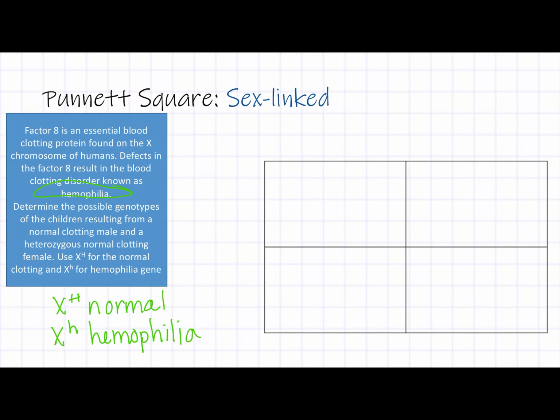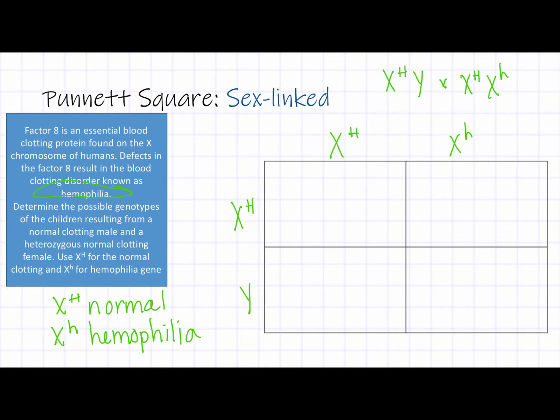So we're taking a normal clotting male, so the male has one X and a Y, and we're crossing it with a heterozygous female. So she has one normal clotting allele and one hemophilia allele. I always put females on the top, but it doesn't matter whatsoever what you do. I just like the way it looks.